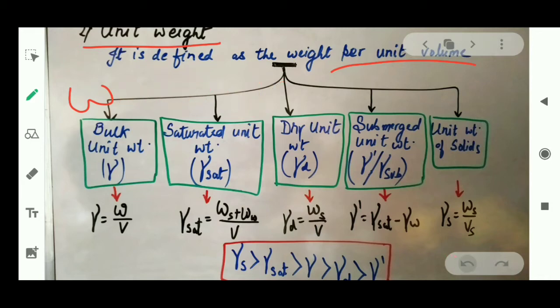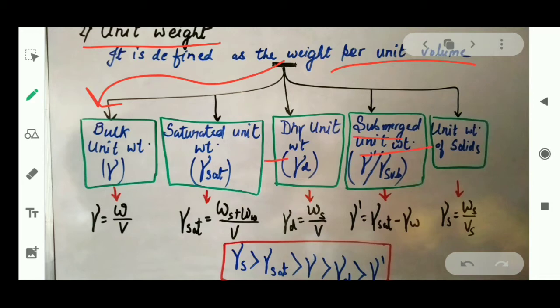Unit weight can vary for soil or water or whatever it is. If we understand the unit weight, then I will discuss what is bulk unit weight, saturated unit weight, dry unit weight, and submerged unit weight.